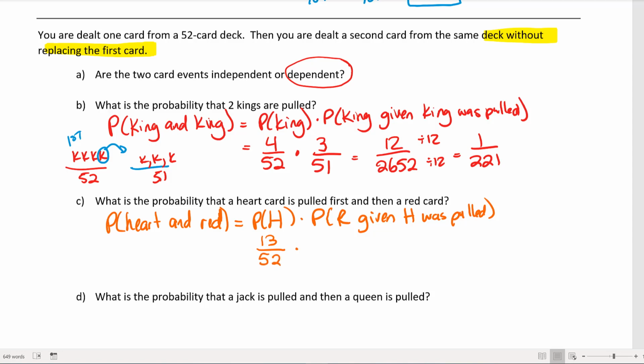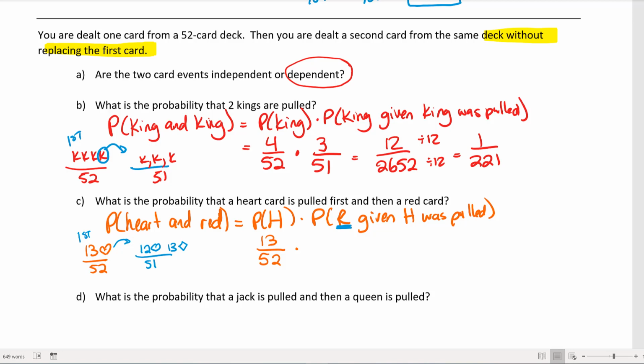Now, what's the probability of red given that a heart was already pulled? So we have 13 hearts out of 52 for the first pull. But then you actually pulled out a heart. So now we have 12 hearts left out of 51, but we're actually talking about red. How many other red cards do we have? Well, we have 13 diamonds, and that's also red, right?